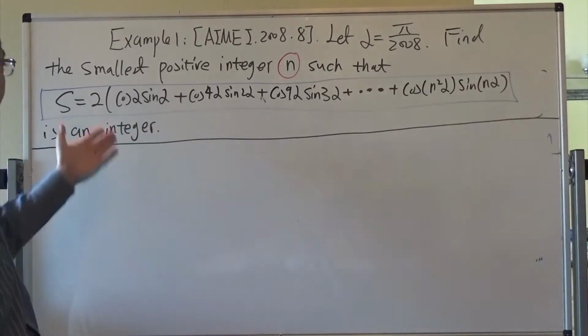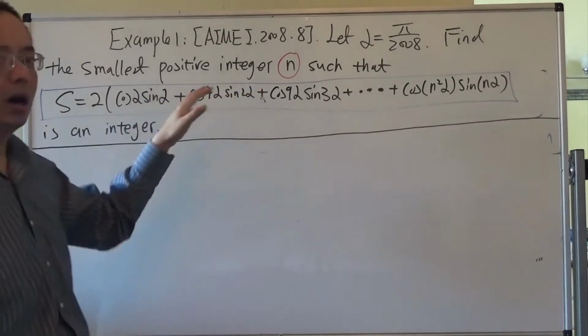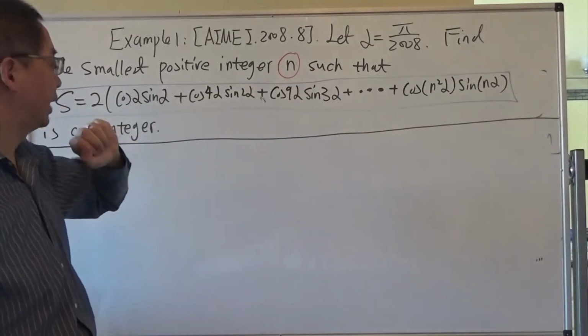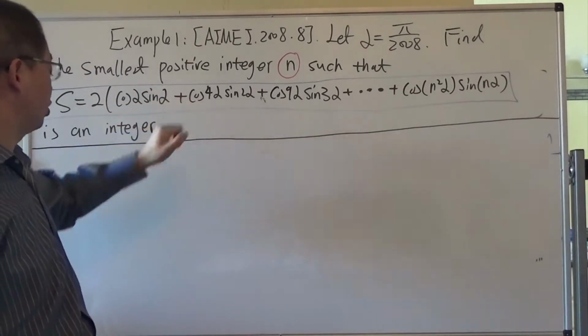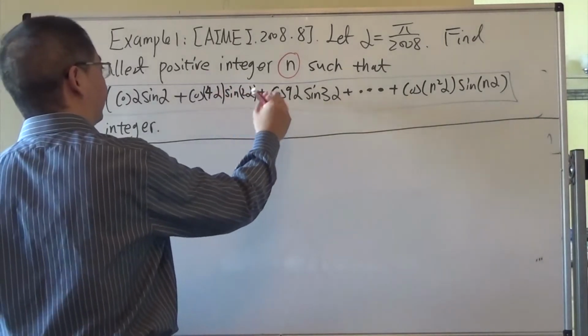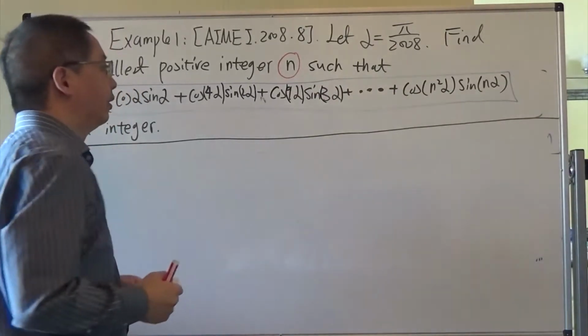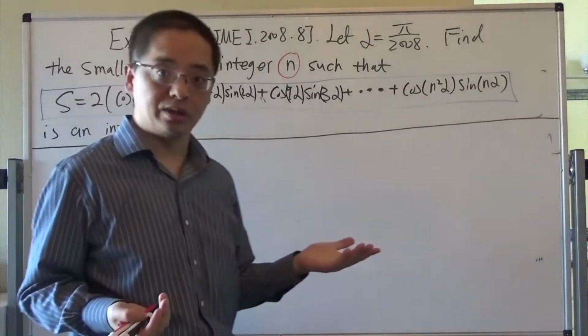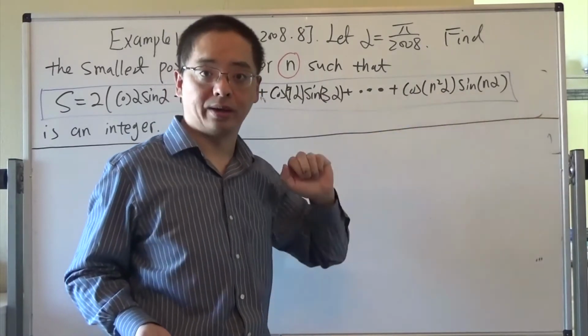Let's look at this S, which is the sum of a bunch of cosine times sine terms: cosine alpha times sine alpha, plus cosine 4 alpha times sine 2 alpha, and then cosine 9 alpha times sine 3 alpha. The general term is sine(k alpha) times cosine(k squared alpha).